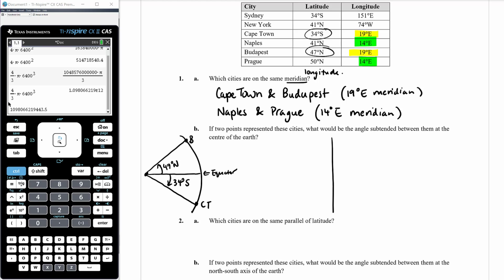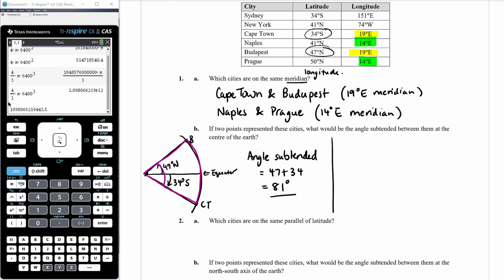So the question is, if two points represented these cities, what would be the angle subtended between them at the centre of the Earth? They're vertically above each other, so there's no angle subtended the other way, but they're going to subtend an angle. The angle subtended is going to be 47 plus 34 degrees, which is 81 degrees.